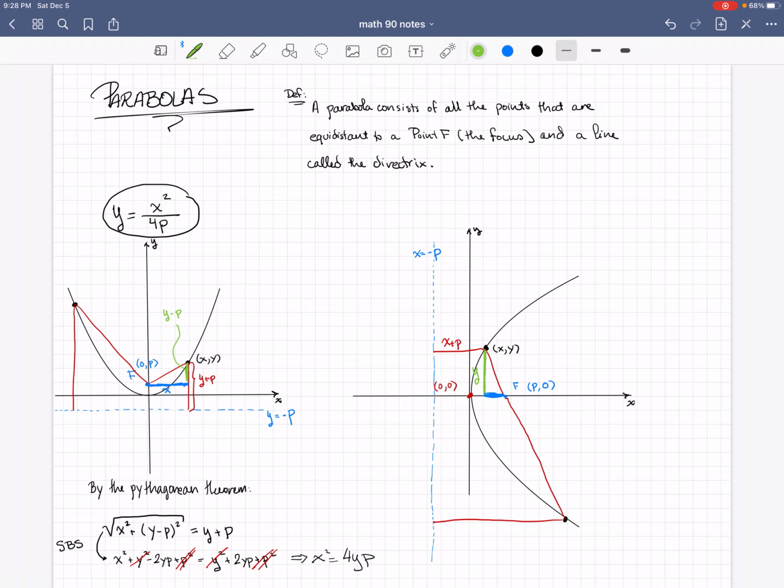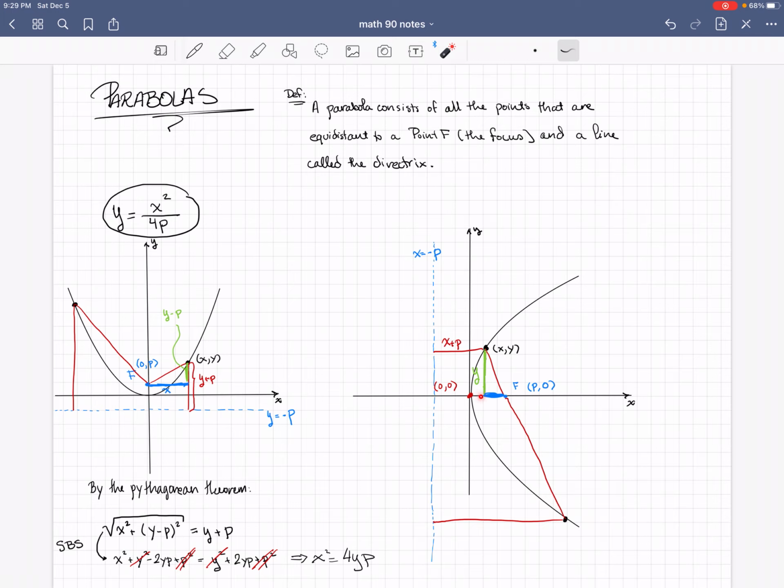Now let's talk about the blue line. You'll notice that there are two things at play here. The distance from the focus to the origin is p, because the coordinates of the focus are (p, 0). So this whole distance is p.